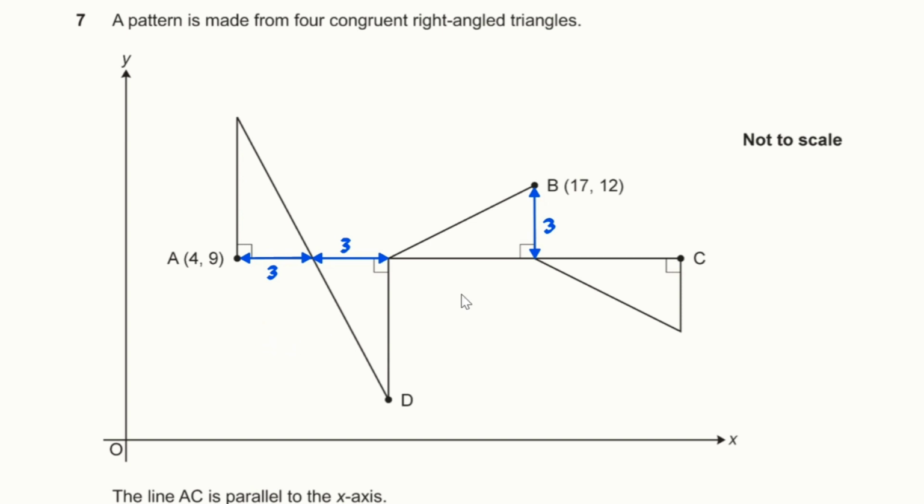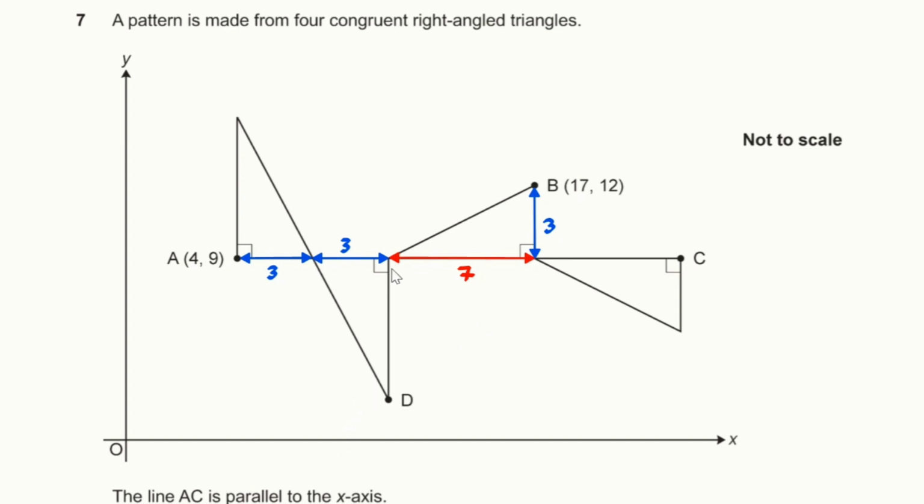Next, we can find out the missing length here. 17, take away 3, take away 3, take away something else is 4. Well, that something else will be 7. 4 plus 3 plus 3 plus another 7, that's 17.